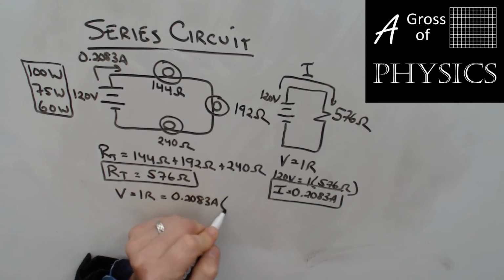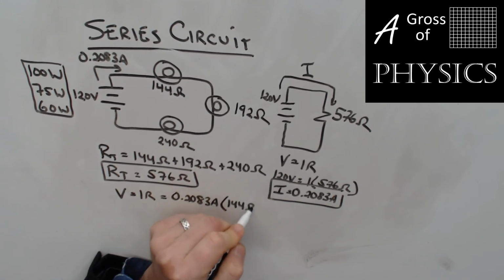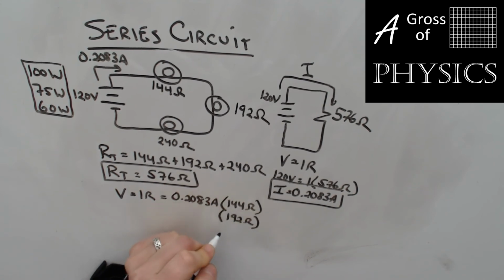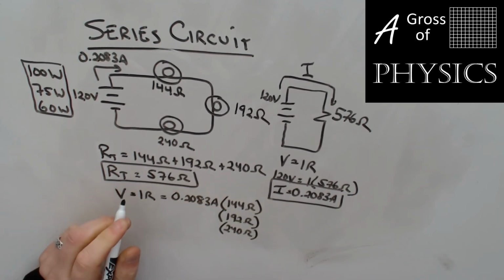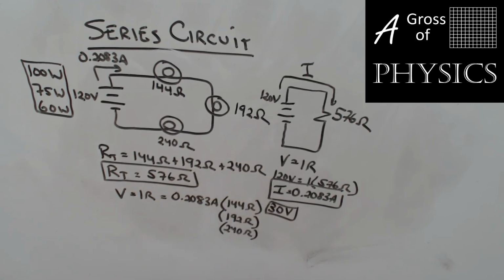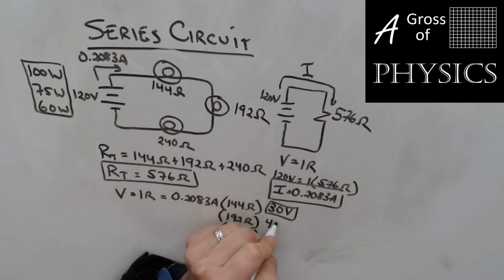0.2083 amps times 144, times 192, and then times 240. If we multiply that by 144, we get 30 volts. 0.2083 times 192, we get 40.